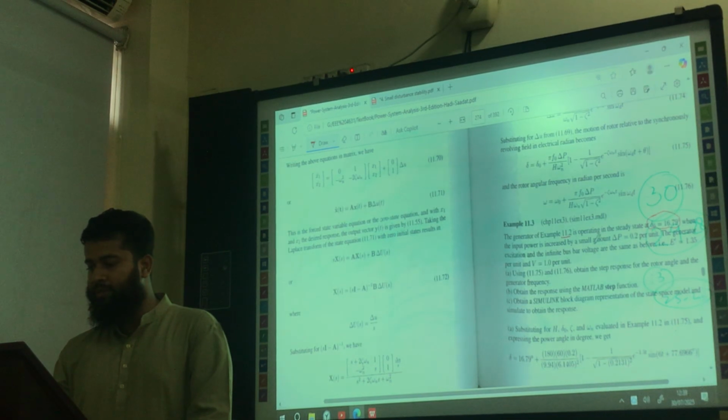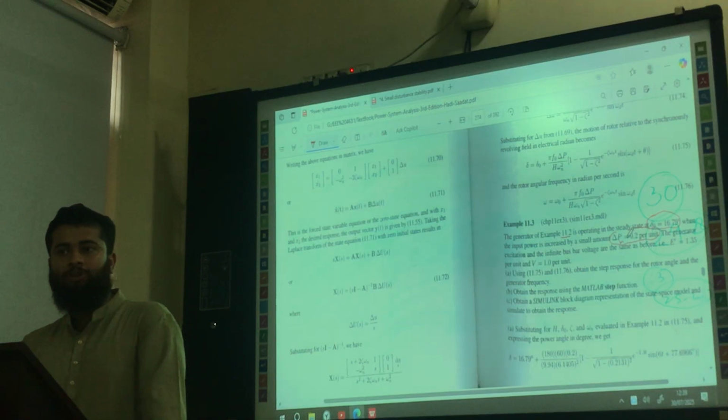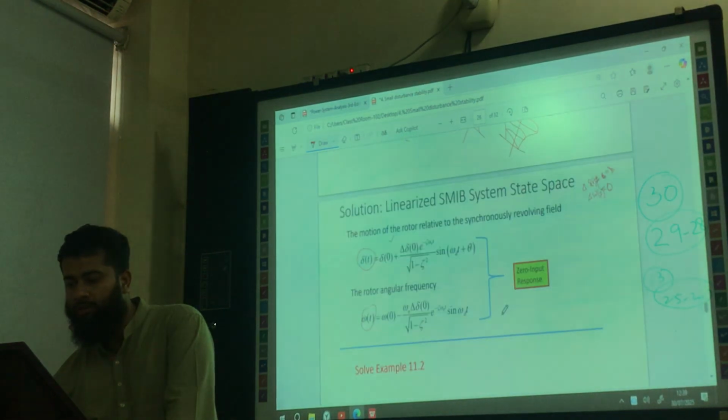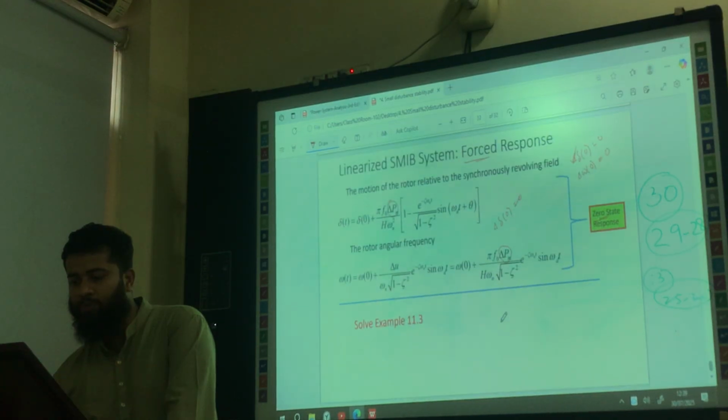The input power is increased by a small amount. This is the input power during the disturbance. So now we have some forcing function. Now we will get some zero step response, right? Now for this case we have to use this set of equations for zero step response, right?